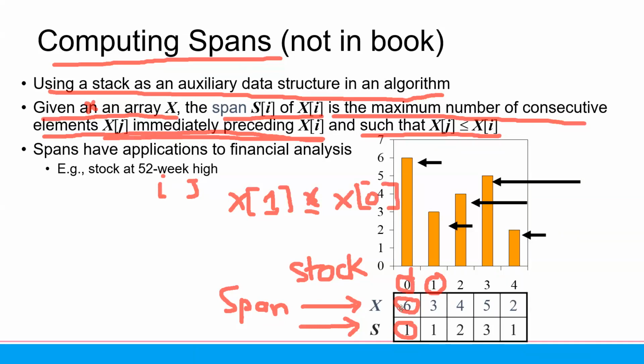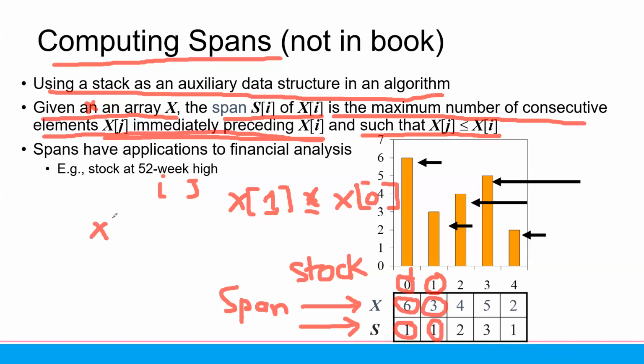X1 is 3, and 3 is less than 6. Yes, then we will not do the addition. We will just keep the number as 1. Okay, now let's check again.